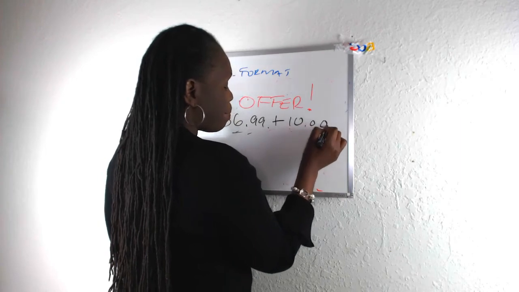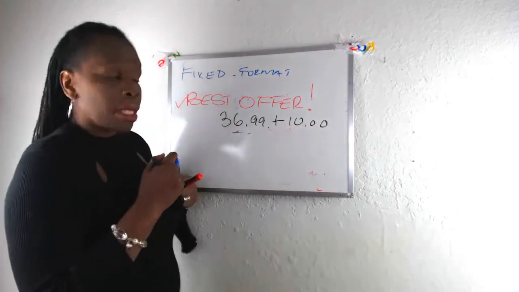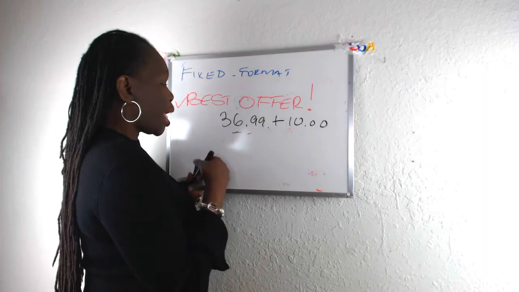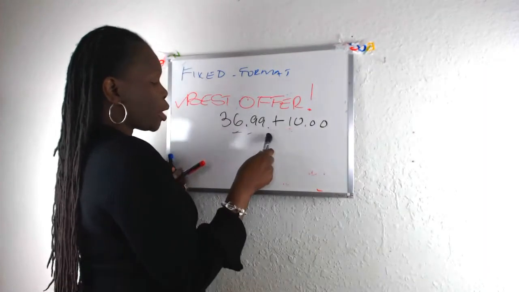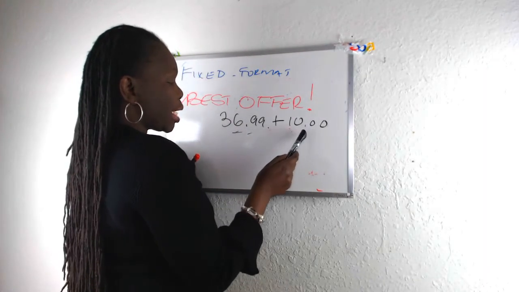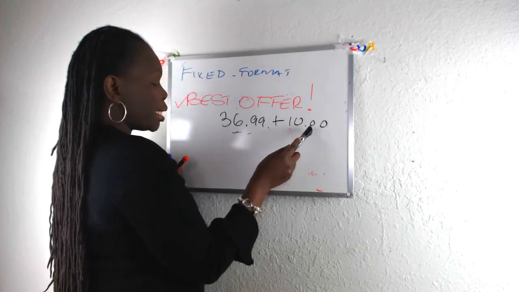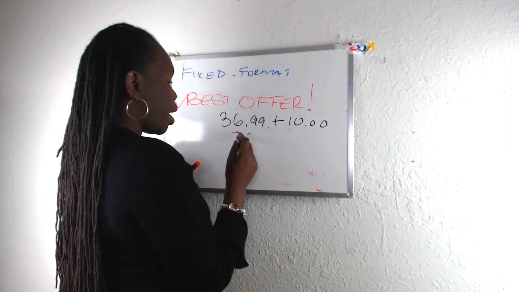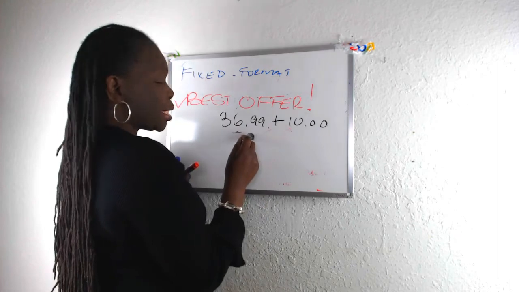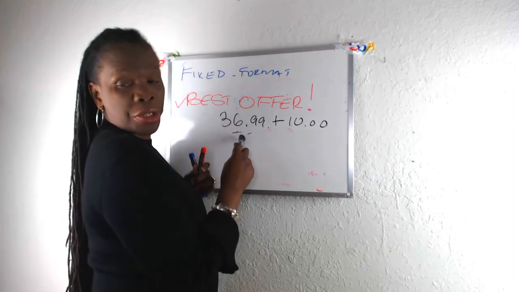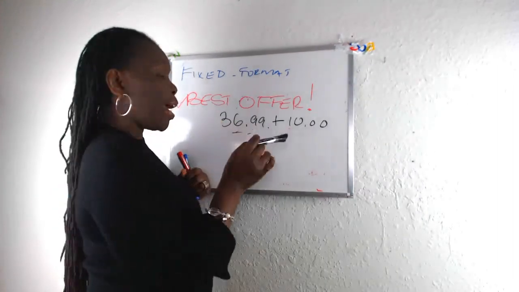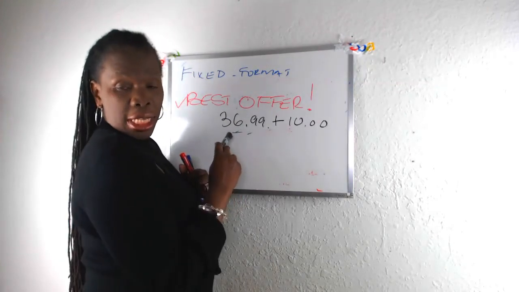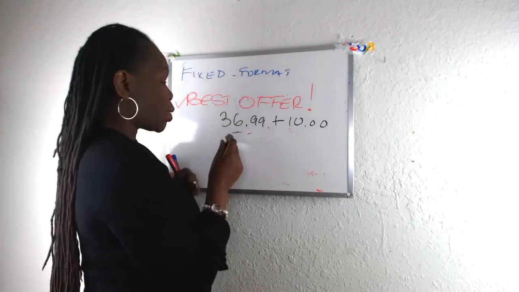These are just numbers I'm picking to make everything easier. So for me, I know I'll have to pay $46.99 plus taxes. Believe it or not, unless it's an international buyer, if it's here in the United States, they are collecting taxes as well.